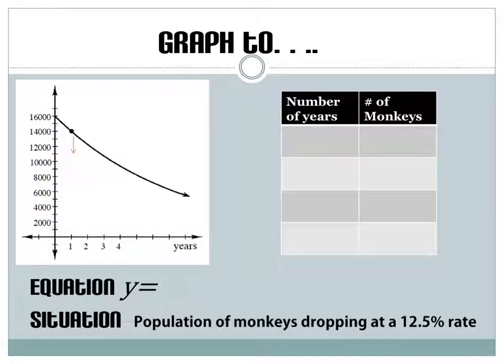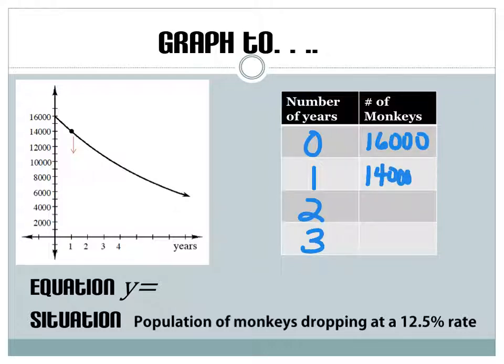Here we have a population, here we have the graph, and what I decided is we were going to be looking at a population of monkeys and how they are dropping in population. I know my starting amount is 16,000, and my first year it dropped to 14,000. We can tell by the curve that it's exponential, plus I told you it was exponential.